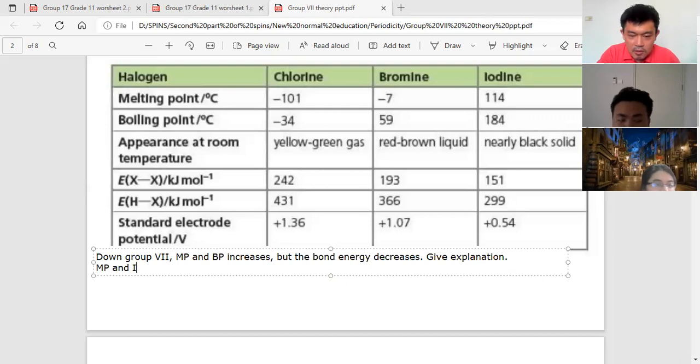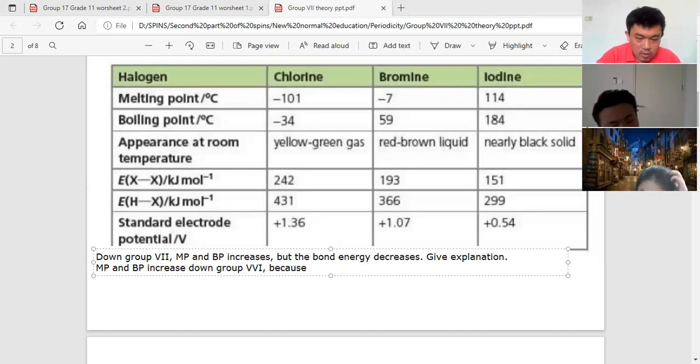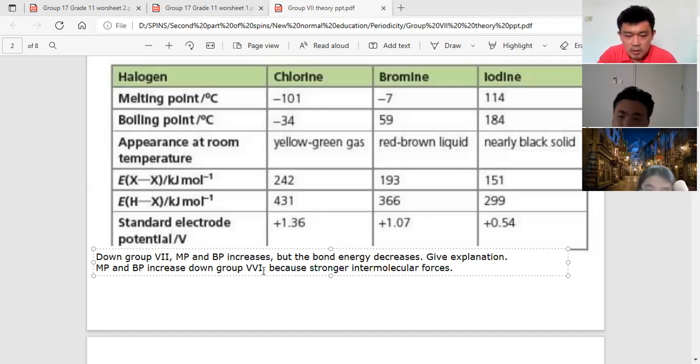MP and BP increase down group 7 because of the stronger intermolecular forces. What is the intermolecular forces in group 7?